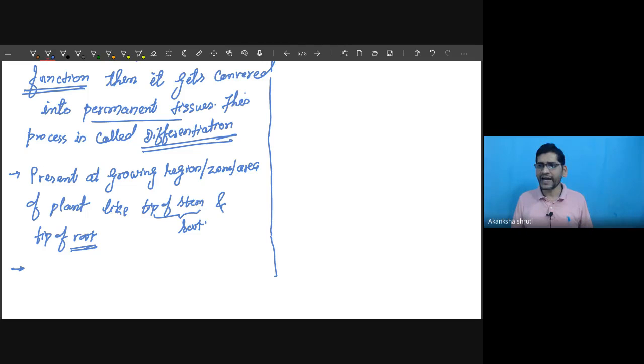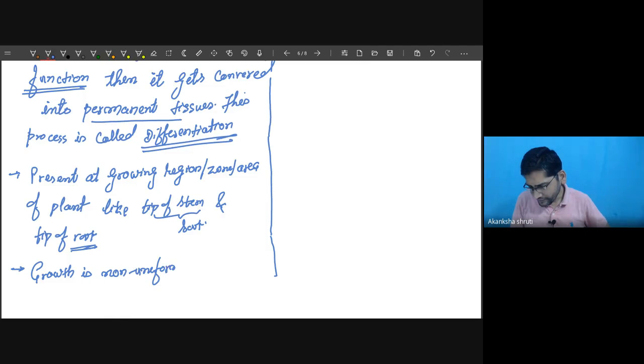You observe that in one area the plant grows more and in another area the plant grows less. Some of the branches grow faster or more, but other branches remain thinner. So the growth is non-uniform.